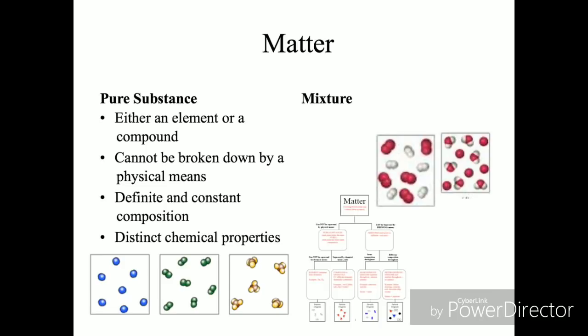Pure substances are substances that can either be classified as an element or a compound. So if you look at the particle diagrams here for pure substances, you'll notice that each particle is identical. So on the leftmost picture, these blue dots are identical.